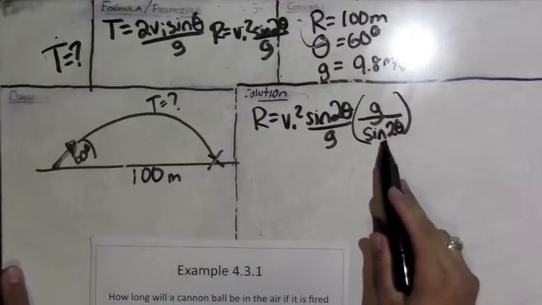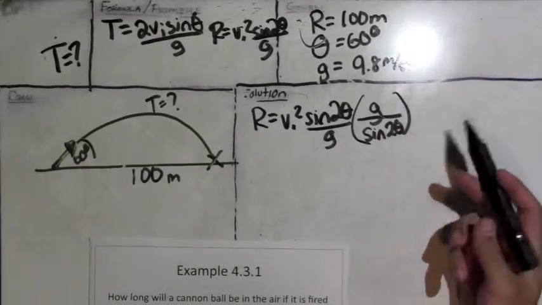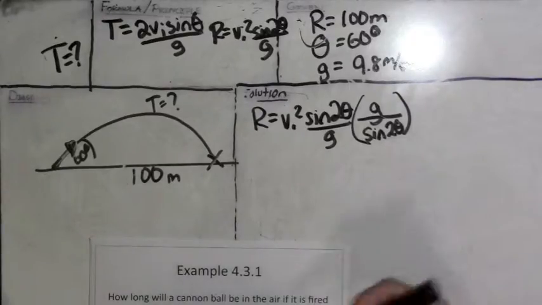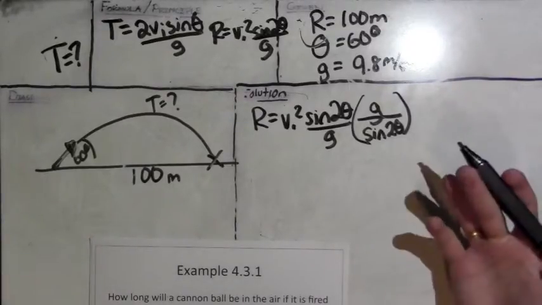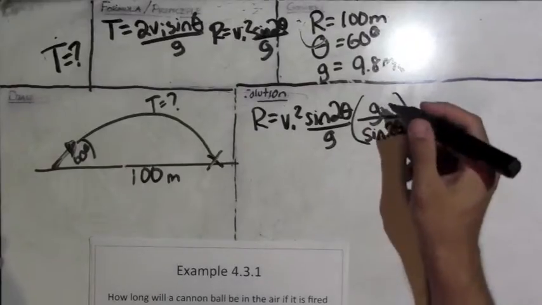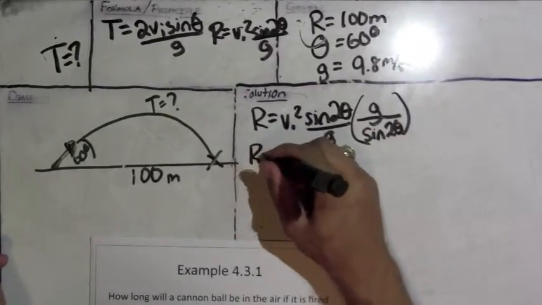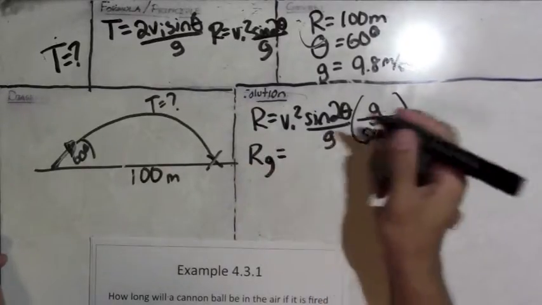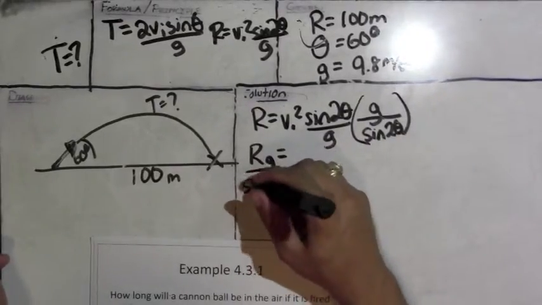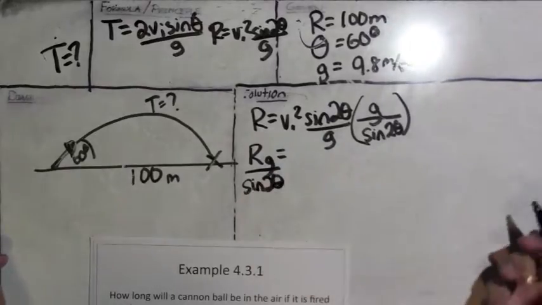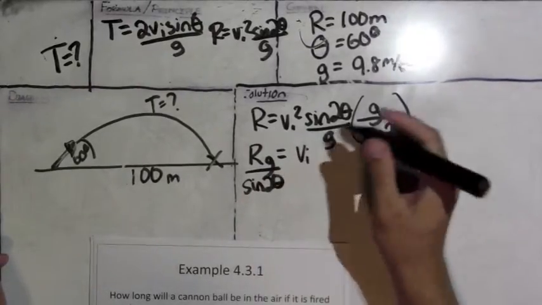A lot of people have issues with this, but sine 2 theta is just like x. It can move to the other side just like if you were moving x or a number like 7. So I multiply both sides by that, and I get rg over sine 2 theta equals vi squared.